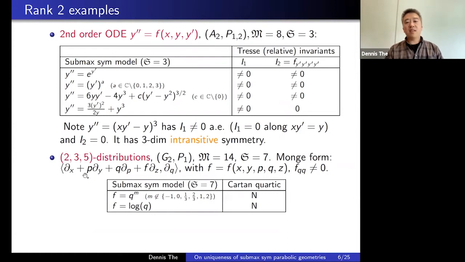Here's a model on XYPQZ space, where I'm defining the rank 2 distribution like this, where f is a function of 5 variables. Actually any 2-3-5 distribution can be locally written in this way; you can choose coordinates to do so. You need a genericity condition to get that growth, and that's that the double derivative of f with respect to q is non-zero everywhere. Here's a list of models.